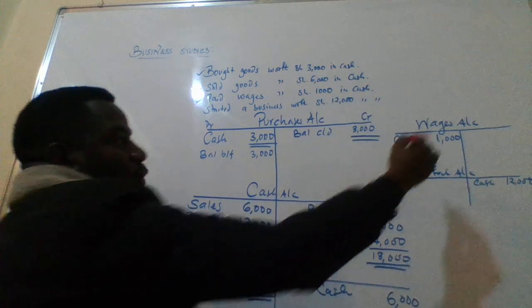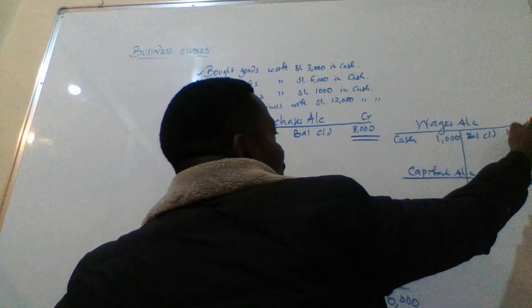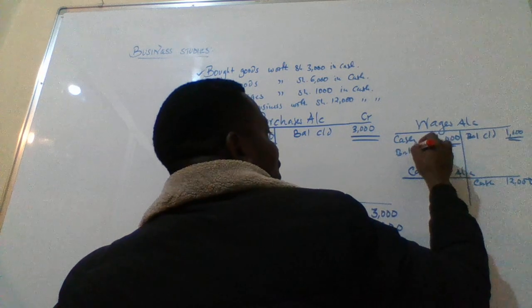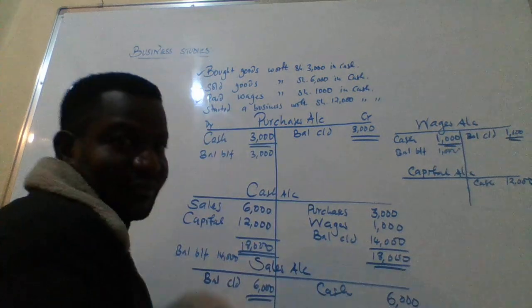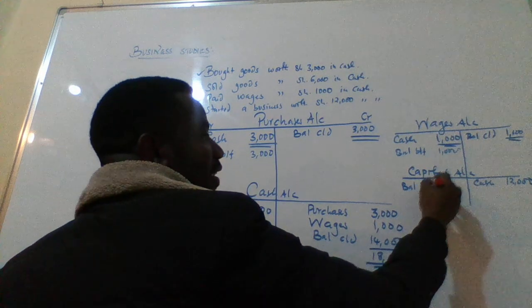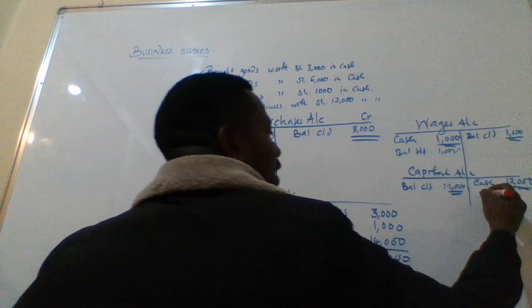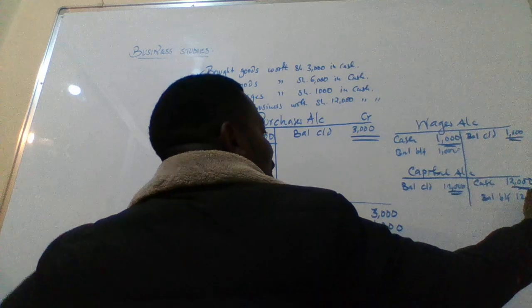Same to the 2. Balance carried down 1,000. Close. Therefore balance brought forward 1,000. Lastly, capital. Balance carried down 12,000. Therefore balance brought forward 12,000.